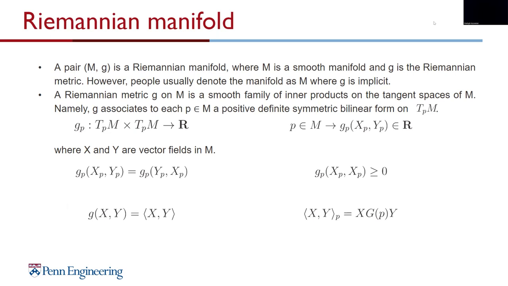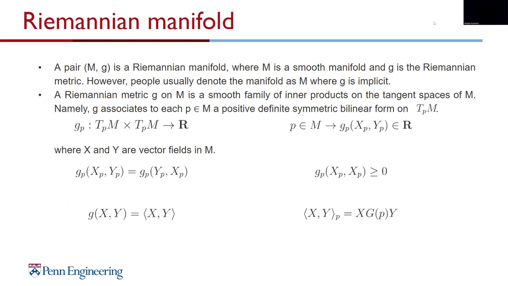Sometimes people write this metric as an inner product, and when there's a P, it means measuring this Riemannian metric G on the tangent space at P, which can be written as X multiplied by this matrix G at P multiplied by Y. So this is the Riemannian geometric matrix. In that way, you can measure this. The manifolds that have only this characteristic are called Riemannian manifolds.